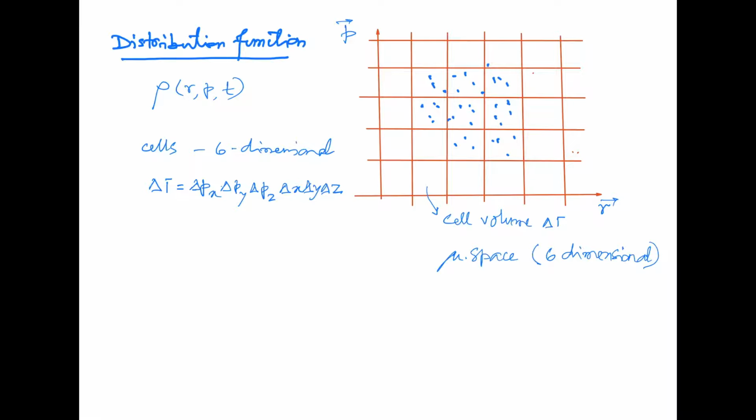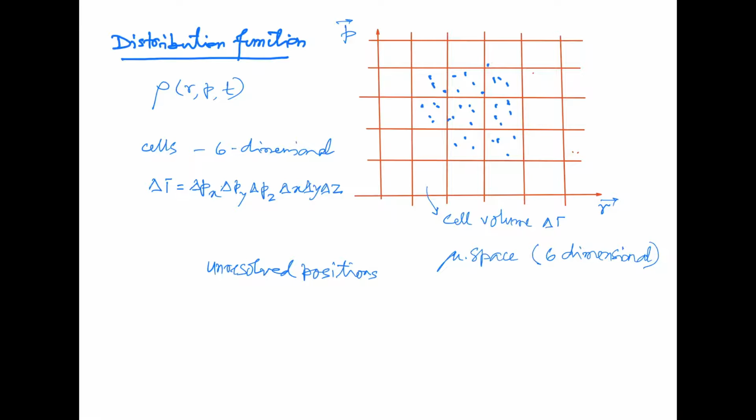From a macroscopic point of view, atoms in the ith cell have unresolved positions. Unresolved positions means that for all the particles within that particular cell, we assume the same space coordinates, the same values of x, y, and z.